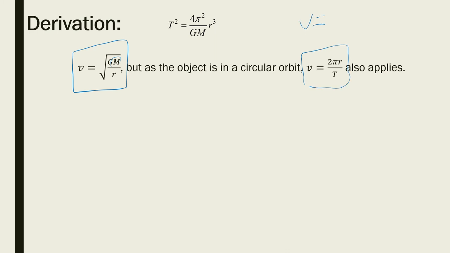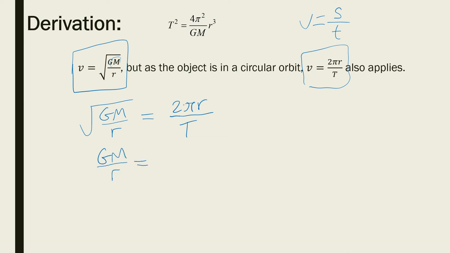T, because remember speed is distance over time. So it's 2 pi r over the period. So we can equate these two speeds: the square root of GM over r is equal to 2 pi r over T. We can then square both sides of the equation, and we're going to be left with GM over r equal to 4 pi squared r squared over T squared, the period squared.